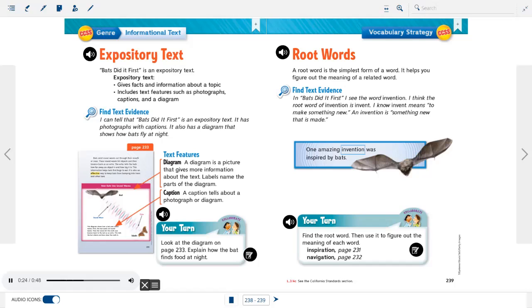It has photographs with captions. It also has a diagram that shows how bats fly at night. Text features. Diagram: a diagram is a picture that gives more information about the text. Labels name the parts of the diagram. Caption: a caption tells about a photograph or diagram.